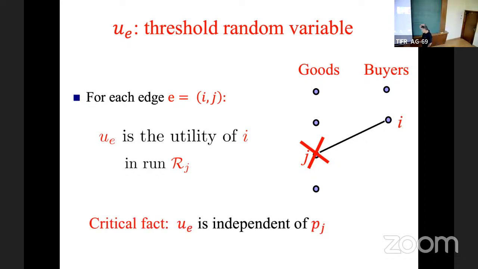And the critical fact to note is that this random variable is independent of the random variable pj. Why? Because ue got determined in a graph that didn't even have j. So it's as if you determine ue without the j, and then you flip the coins for j and you determine pj. And you can do that for every j. So ue is always independent of pj, and this independence is absolutely critical.